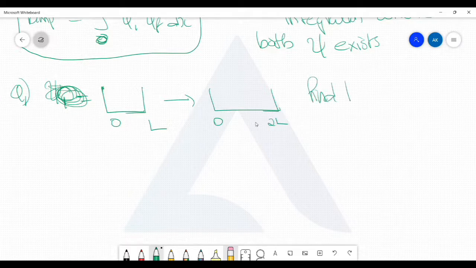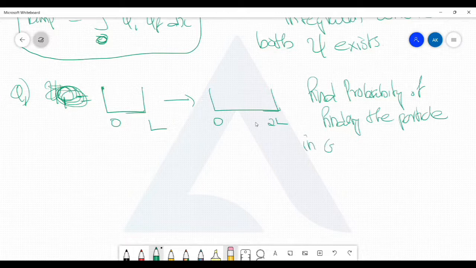Find the probability of finding the particle in the ground state of the new potential. The ground state of the new potential.